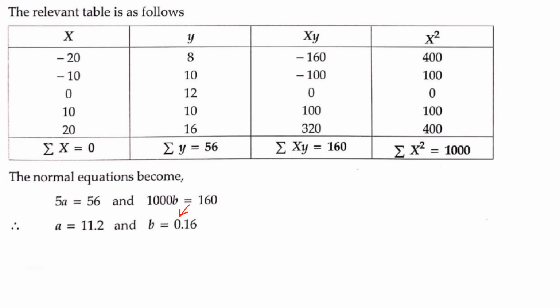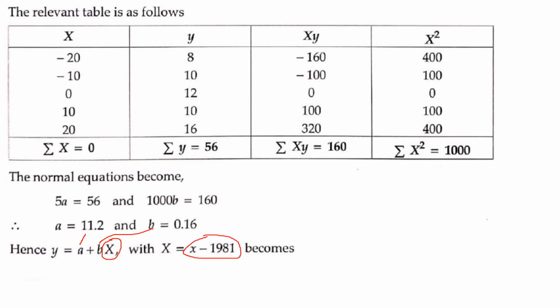Substitute these values, and along with the values of a and b, we will replace this capital X by small x minus 1981, because for our convenience we had used this substitution of small x minus 1981.